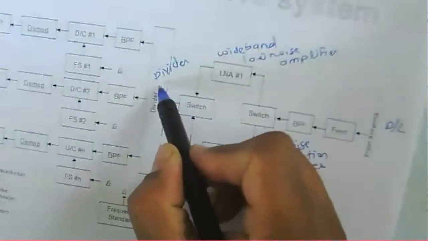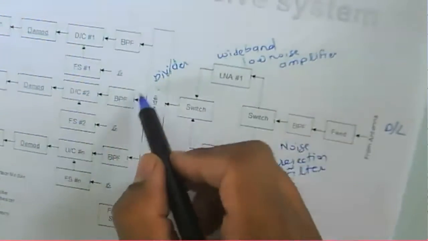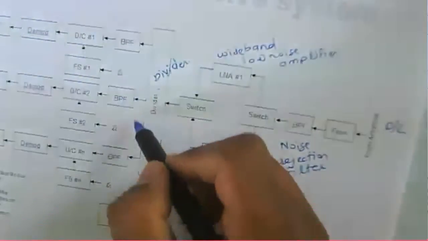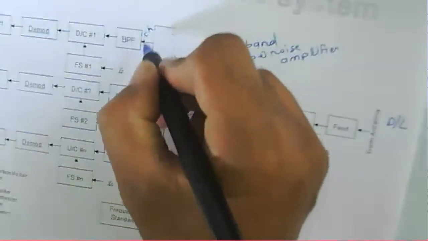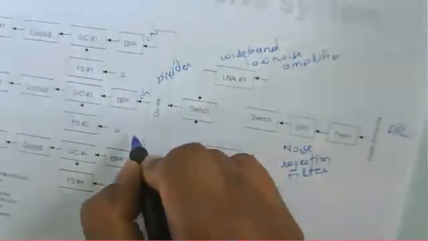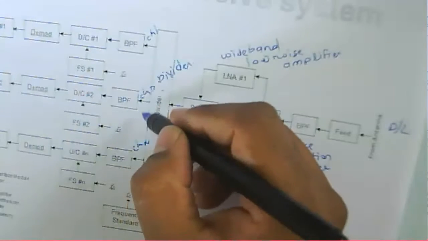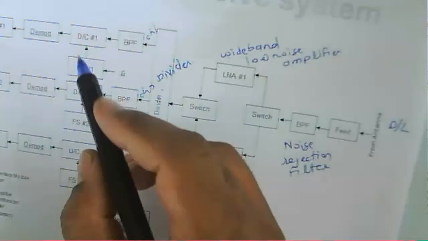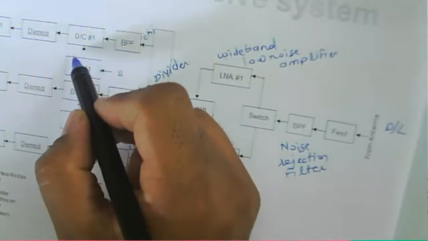So that's why it will then be transmitted to the divider. Then the signal is divided into the various channels: channel one, channel two, channel n here. That will be divided into the various channels, and then transmitted to the down converter here.